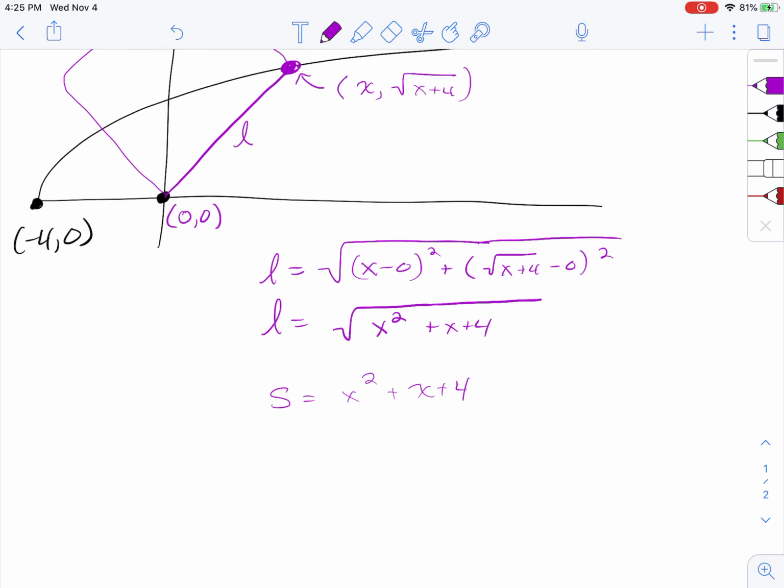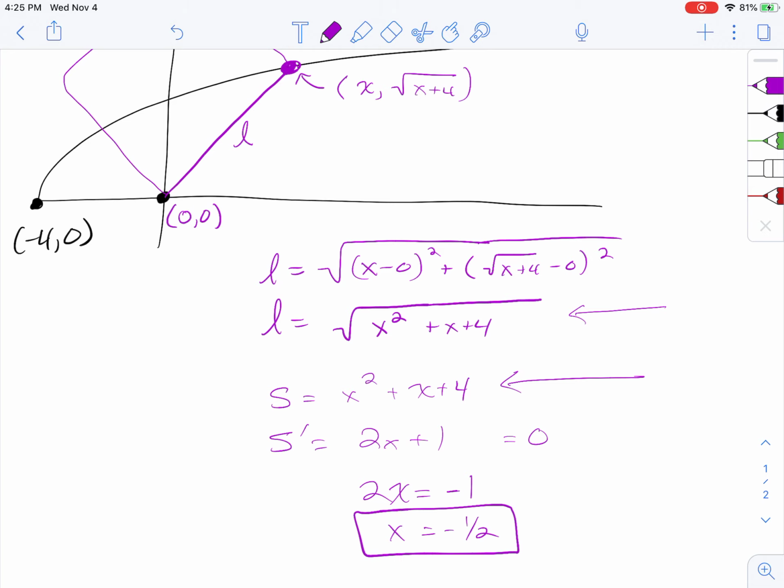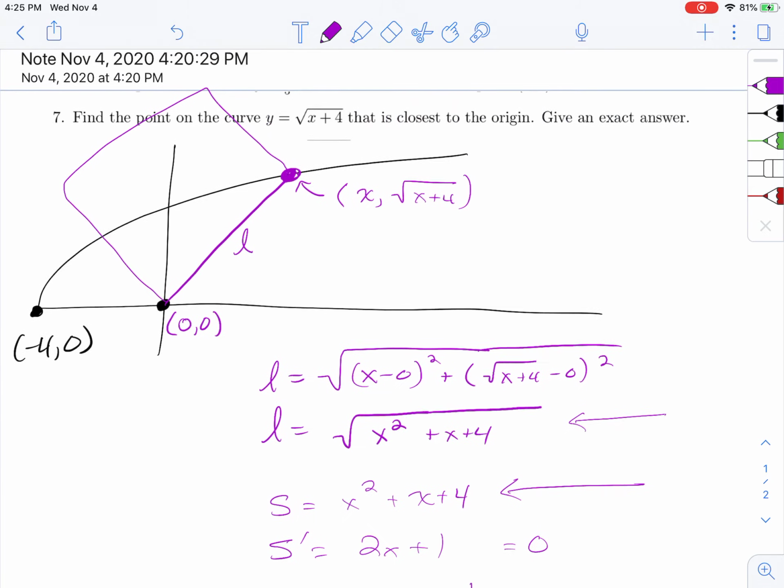Also, minimizing this is much preferable to minimizing that, because this thing, you just take the derivative, you get 2x plus 1, you set that equal to 0, so 2x is negative 1, so x is minus 1/2. And is that our answer?